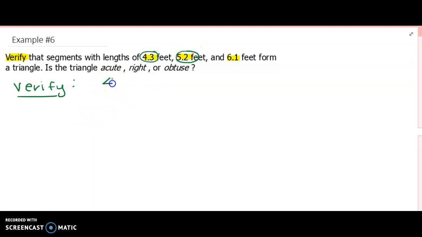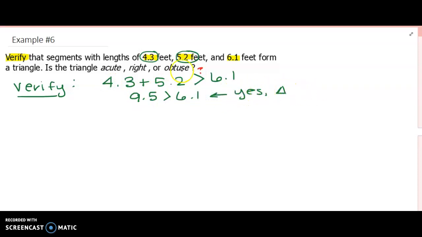Is 4.3 plus 5.2, I don't have to square here, greater than 6.1? Because if it is, we have a triangle. If not, we don't. Well, clearly, this is 9.5, and 9.5 is bigger than 6.1. So yes, we have a triangle. Okay, so we've verified that this forms a triangle.